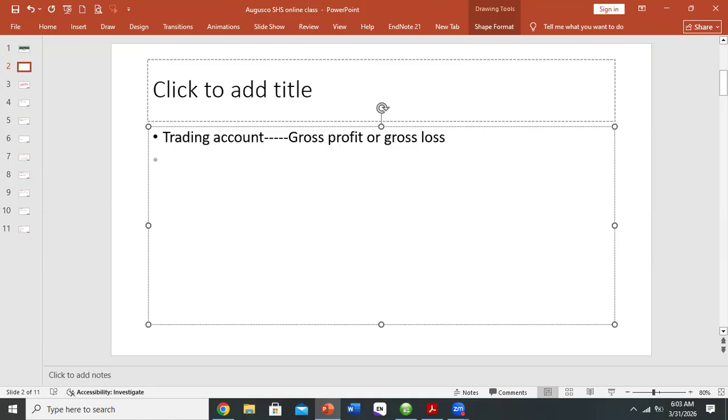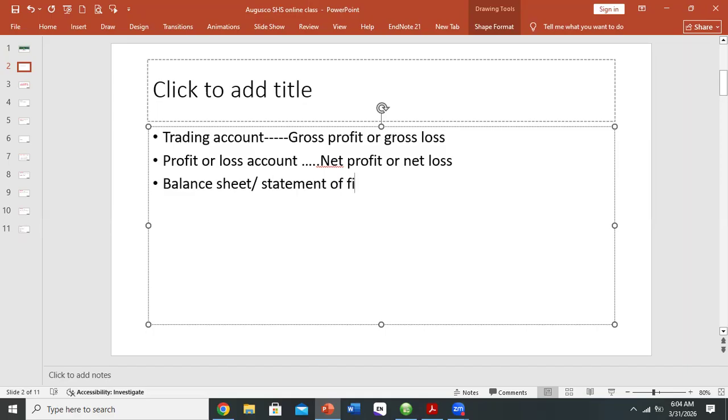while the profit or loss account is prepared to determine net profit or net loss. And the balance sheet, which is also known as the statement of financial position, is prepared to show the assets, capital, and liabilities of the business.